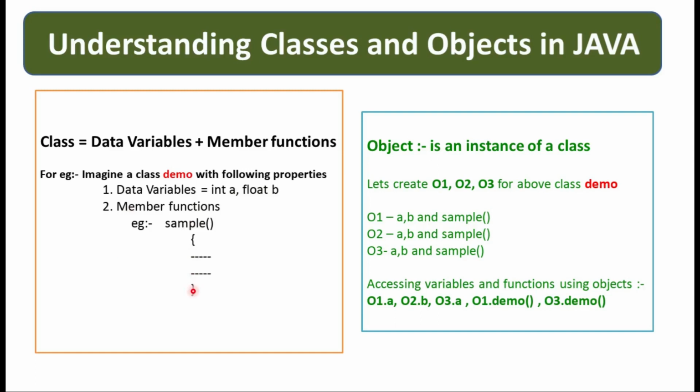So coming to the point, what is a function? A function is simply a block. From this open brace to close brace, it's a block. A block of statements, a block of executable instructions that perform a specific task. For example, addition of 2 numbers or finding the factorial of a given number. This is a particular task that can be kept in one particular block and called a function.